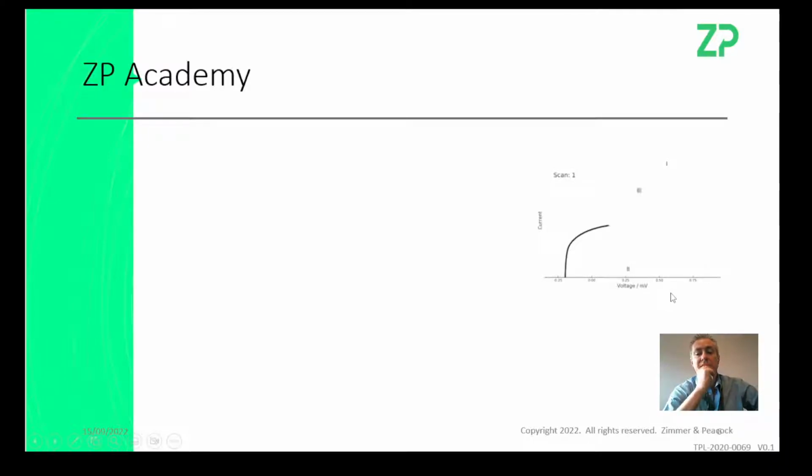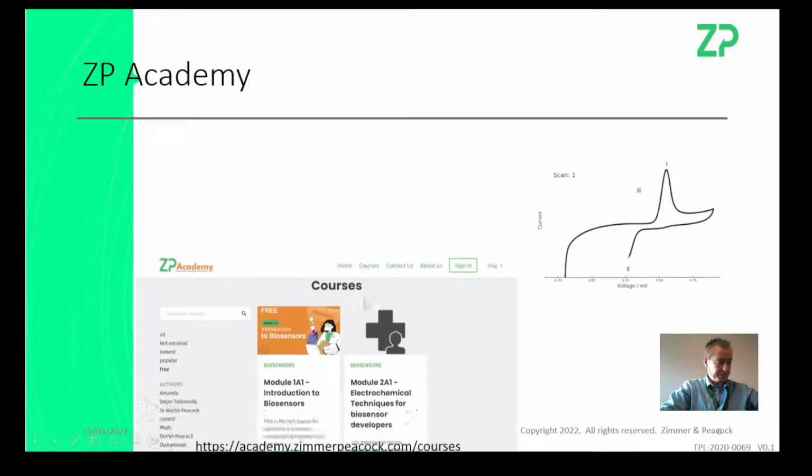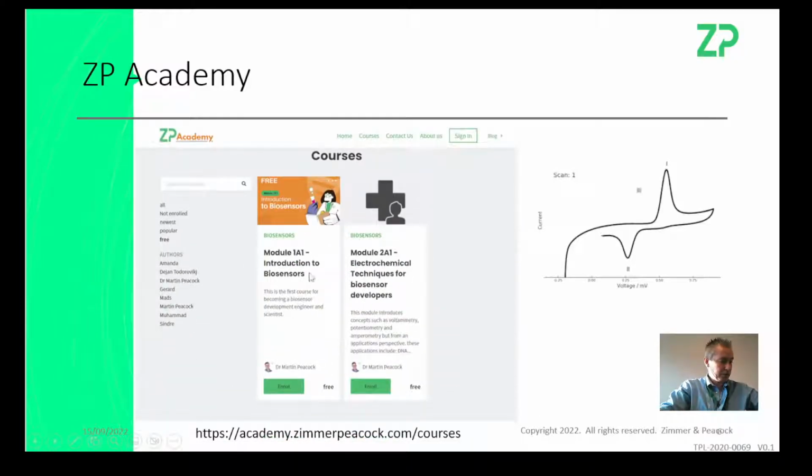I did say that we're going to assume some level of understanding of electrochemistry or electroanalytical chemistry. I will be using examples of voltammetry today. The reason I have this little animation running is to transition to here and say, look, we do have something called the ZP Academy, at academy.zimmerpeacock.com.